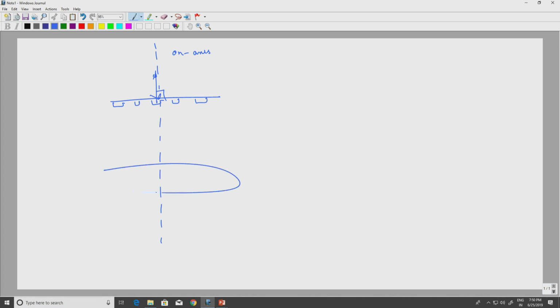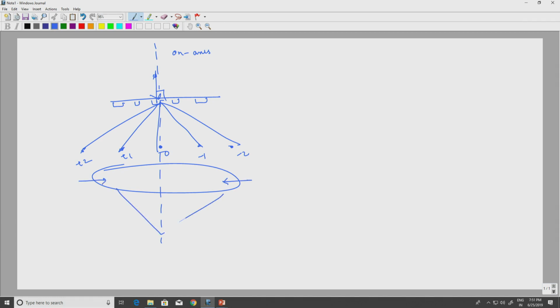Your lens is sitting here, and you will have your diffraction orders coming out: your 0th order, plus 1, minus 1, plus 2, minus 2.